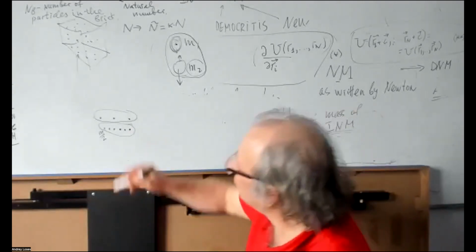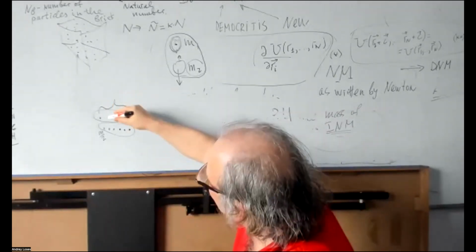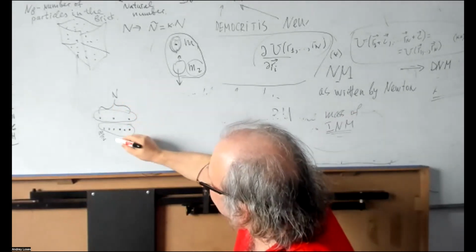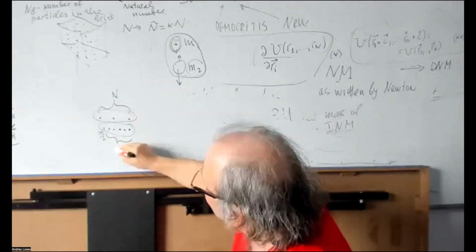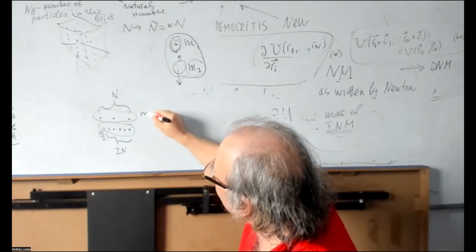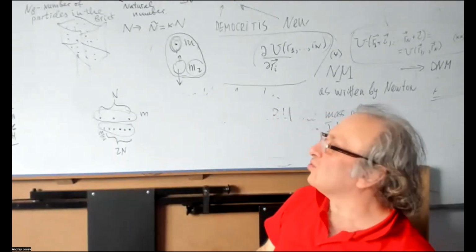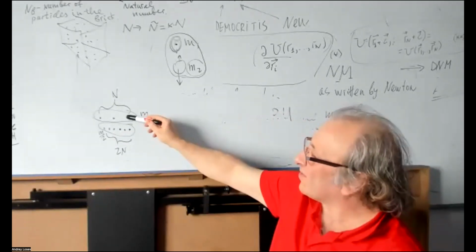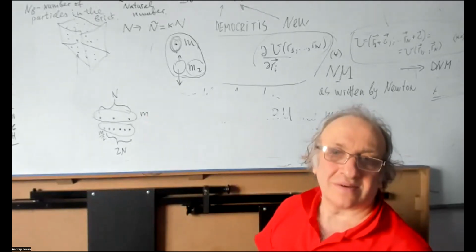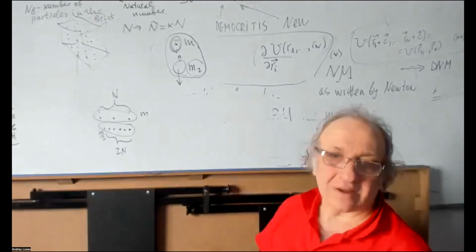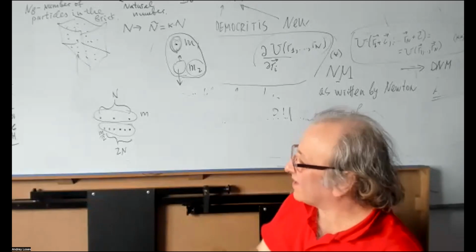Then, if I have here not 3, but n particles, and here 2n particles, I could not distinguish between this picture and that picture. Because I will go to such objects like density.